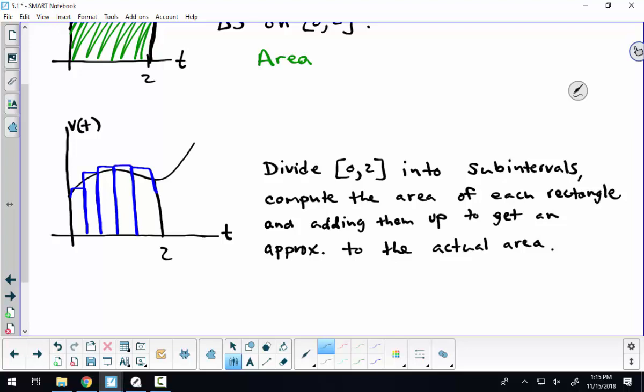So that's the basic idea behind a lot of what we do in chapter 5. As we progress through this section, it's all about approximating, and then we start to gain some insight on how to make that area exact. And then in 5.2 is where we start looking at methods to compute the exact area.